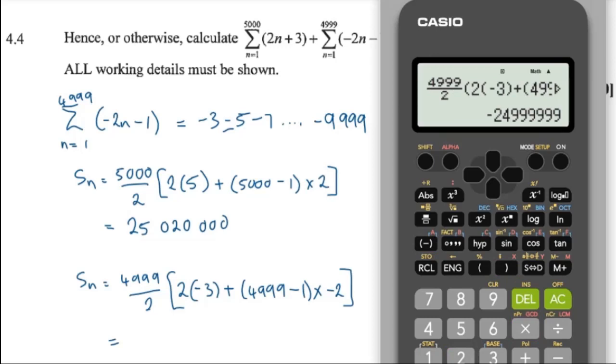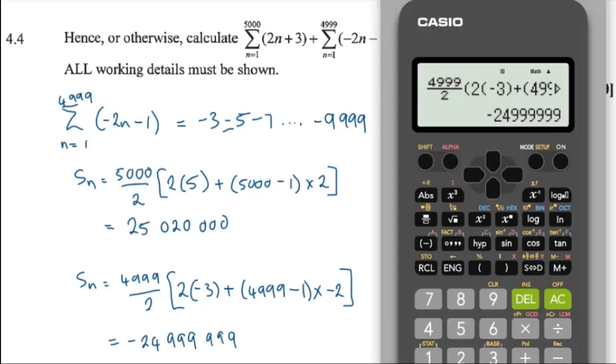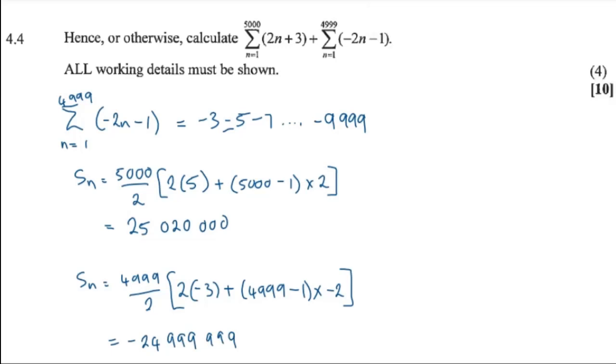So that is negative, how many nines? 6. So that's negative 2, 4, 9, 9, 9, 9, 9, 9. Let's just check if that's the right thing. Yeah, it is. So now we're just going to add these two.